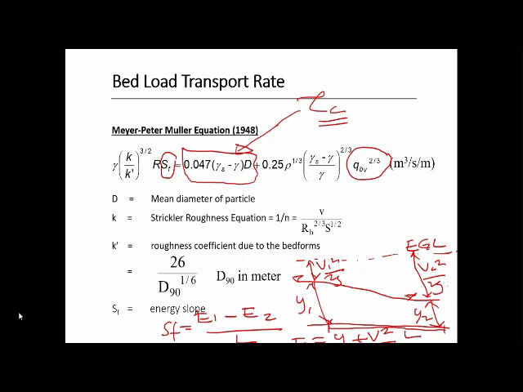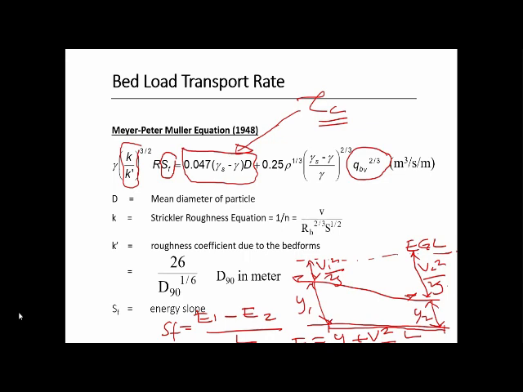And then on the other side of the equation, you also add this constant, which we call a roughness, something related to the roughness equations.